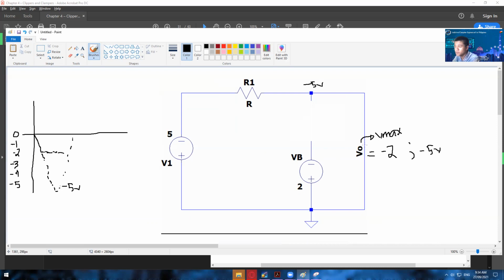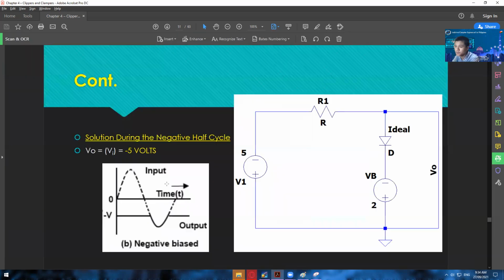That's a different scenario already if the question asks what the reading of VO is if VI is lesser than VB. But if it wasn't mentioned in the question, then as always, VO is equal to your Vmax, or the maximum voltage reading, which is of course negative 5 volts. So are we clear on why we have the reading of negative 5 volts in here?